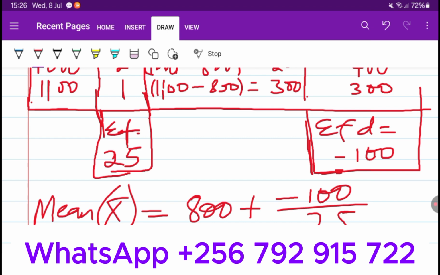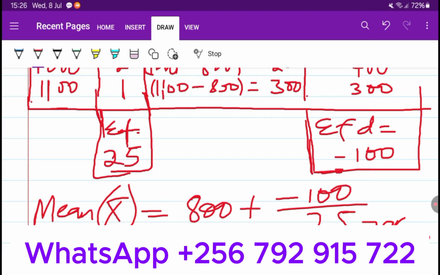So for us, we assumed that, but remember these values were in thousands, so we multiply by 1,000 to give you the monetary value, which is 796,000. That is the monetary value.